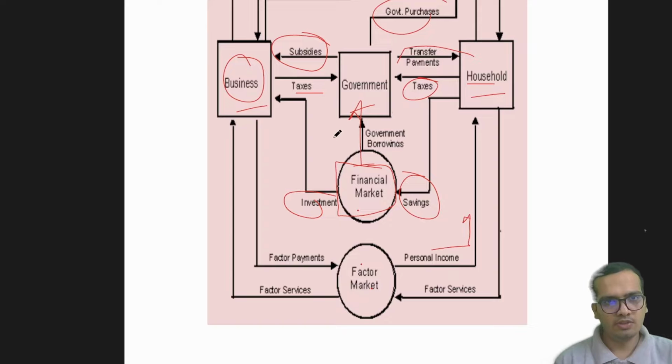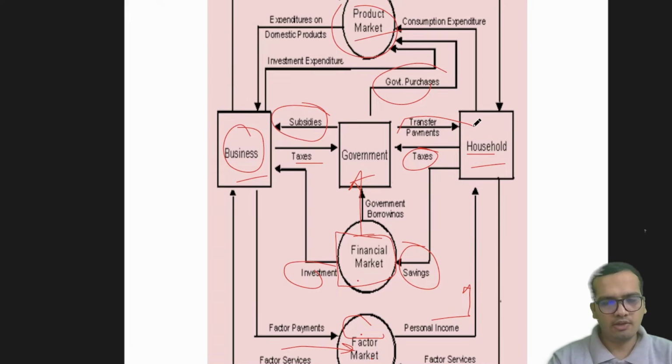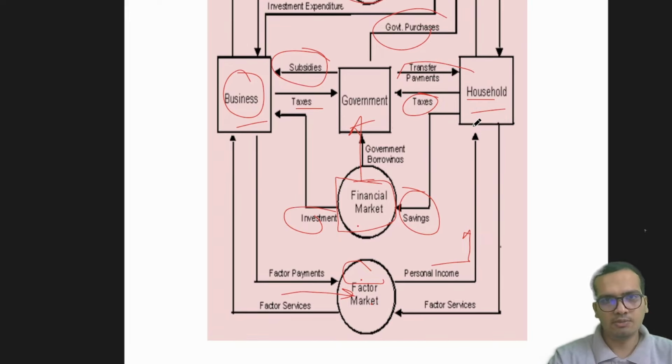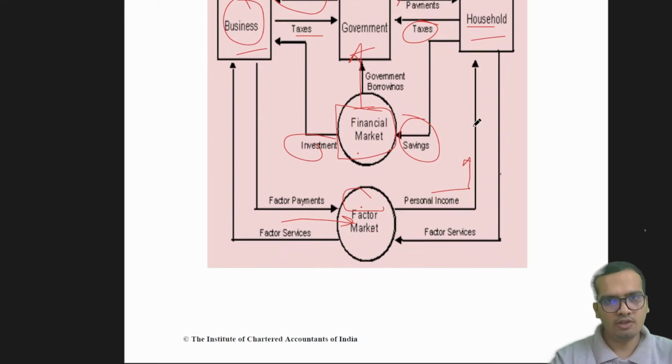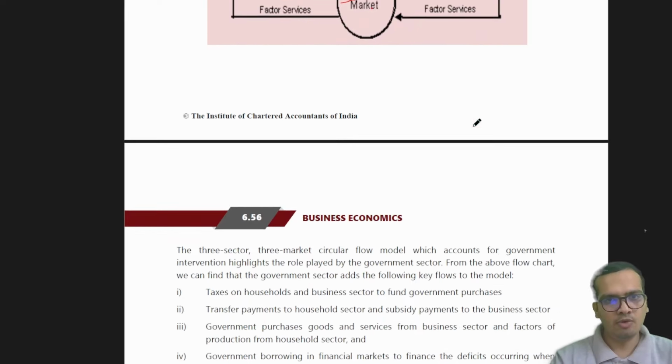Similarly, for the services that households take from the businesses, they make payment through the factor market channel, and the businesses render services here. So you can see the earlier circular flow chart has been expanded a little, and the same concept is explained by adding more and more components to the model.